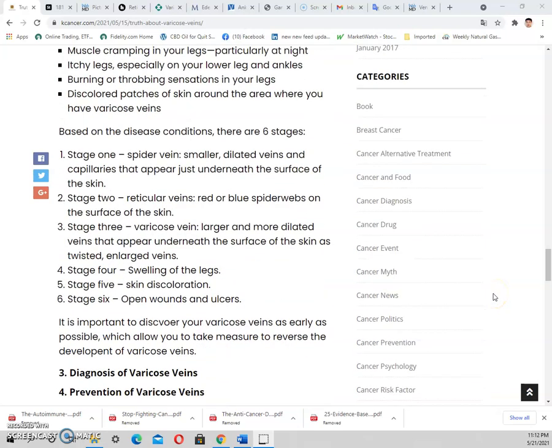Generally speaking, varicose veins can have 6 stages, and you need to know the different stages and take a different approach. I think it's also very, very important.